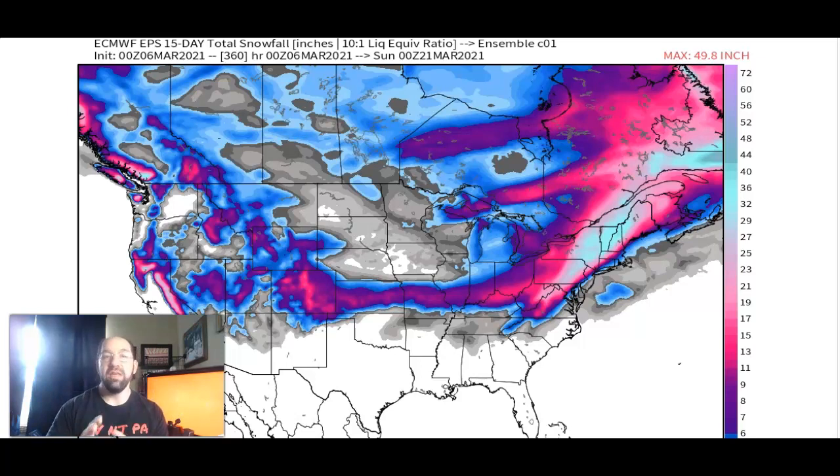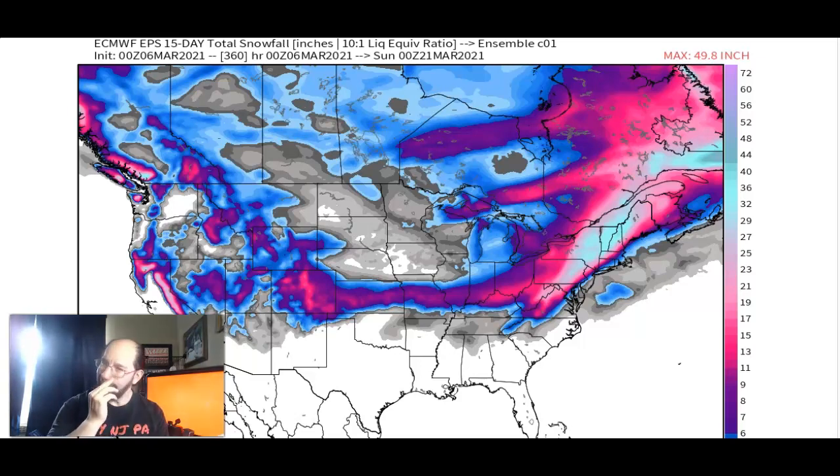So if you want to gain credibility and have people respect what you do, the first thing you should never, ever, ever do is post a snow map from any model without specific explanation of what you're showing.